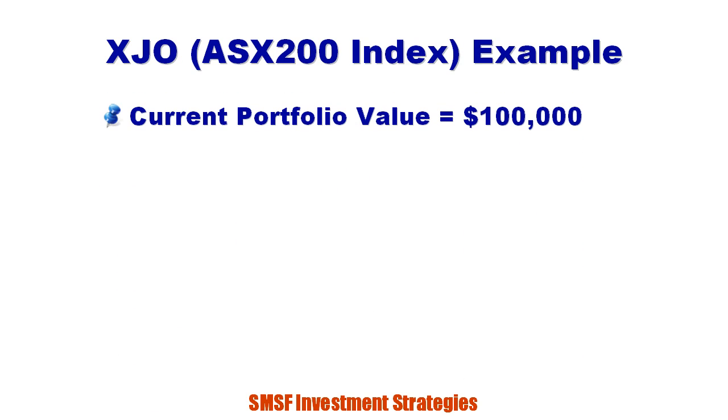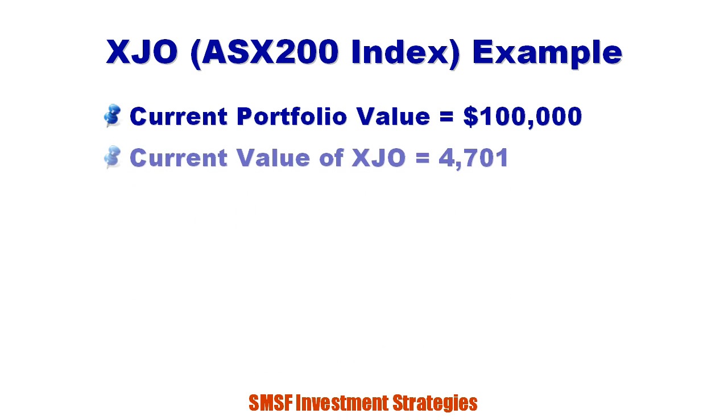Let's walk through an example using XJO. Assume that it is October and you have a share portfolio worth $100,000, which approximately tracks the ASX 200 index. The XJO is currently at 4,701, and you believe that there may be a downturn in the market over the next 3 months.